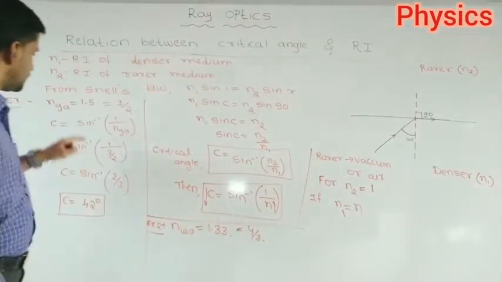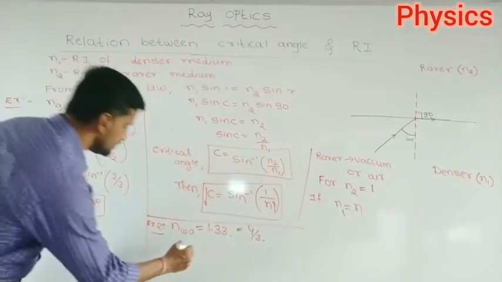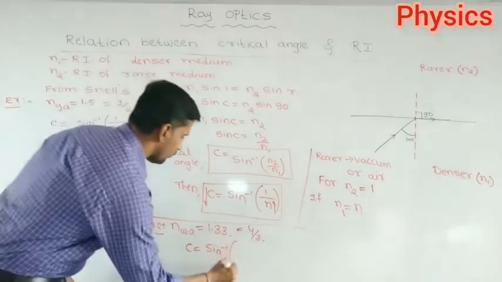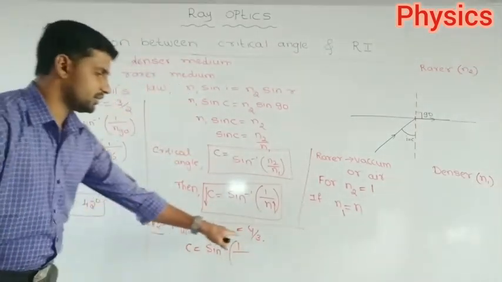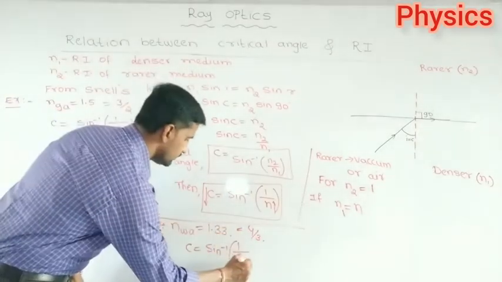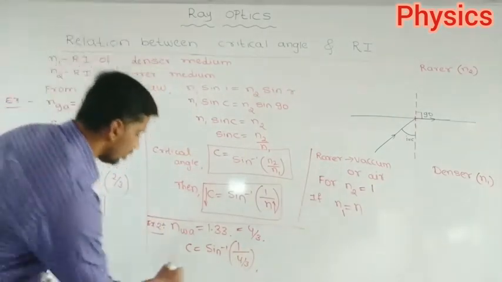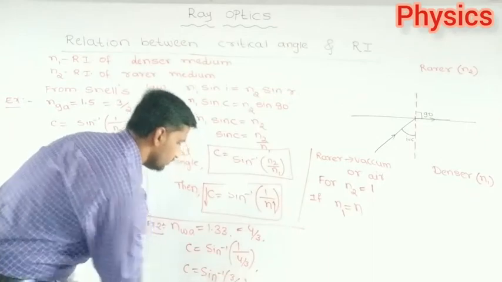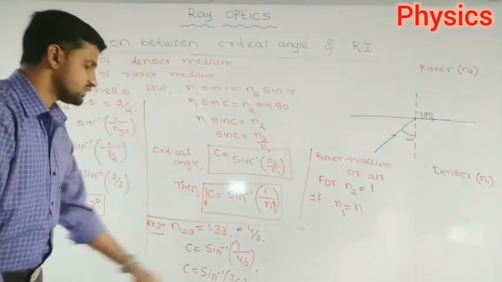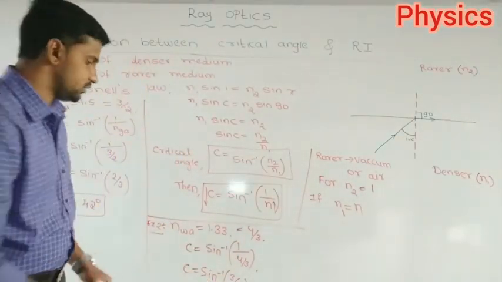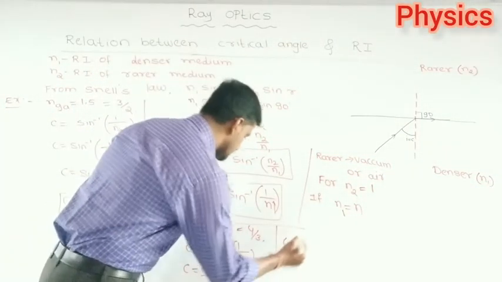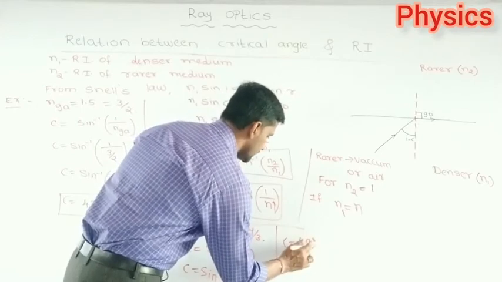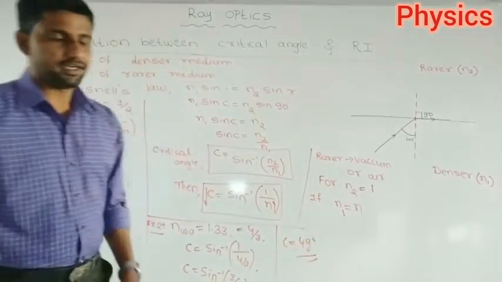If I substitute in this equation, C is equal to sine inverse of 1 divided by NWA, that is 4 by 3. On solving, C is equal to sine inverse of 3 by 4. If you calculate, you will get the critical angle C as some 49 degrees.